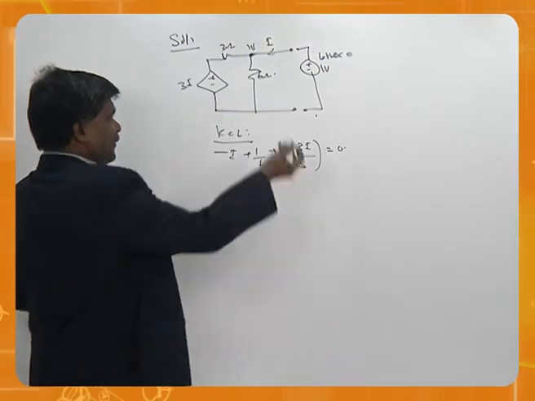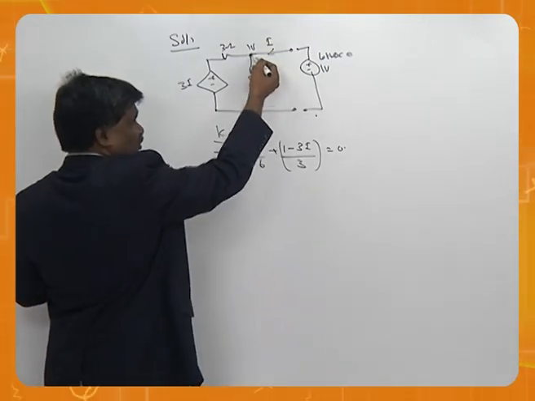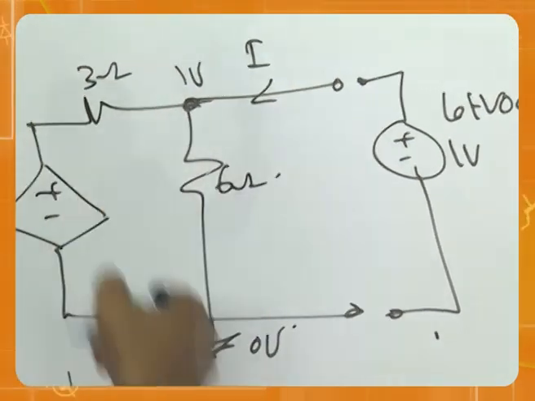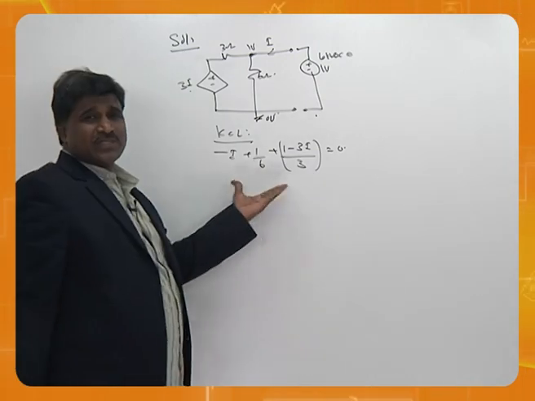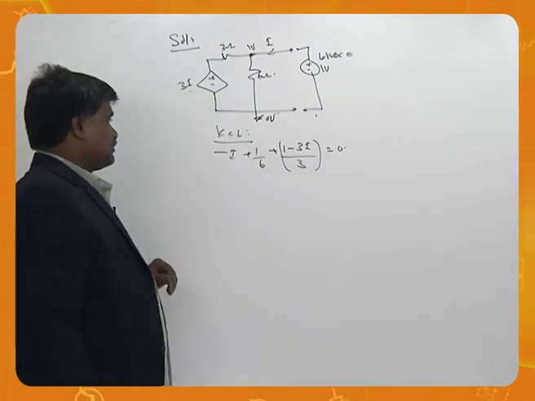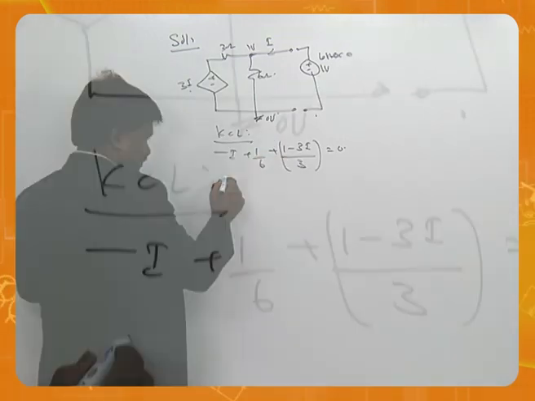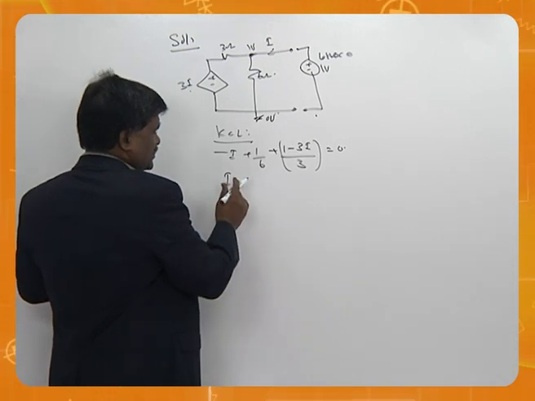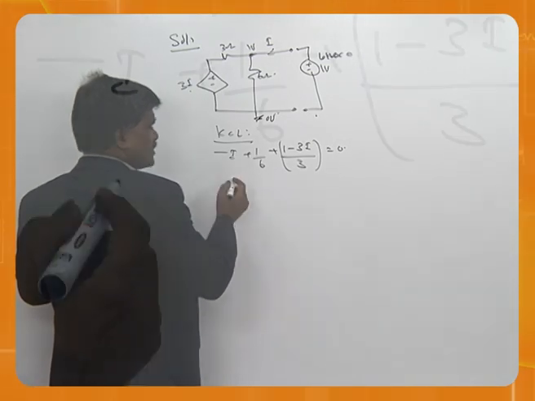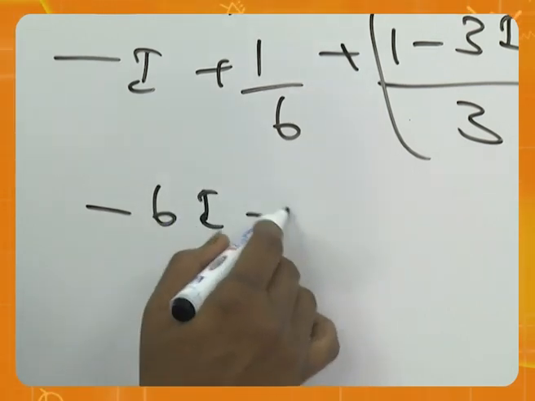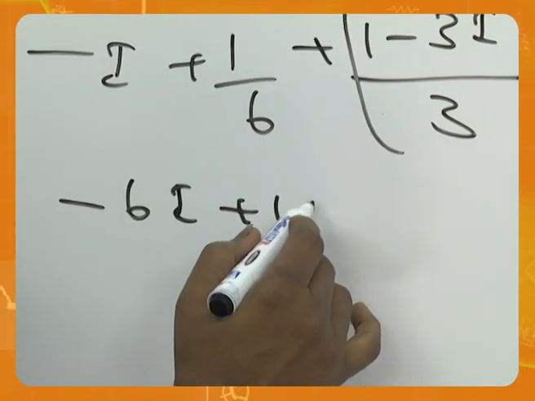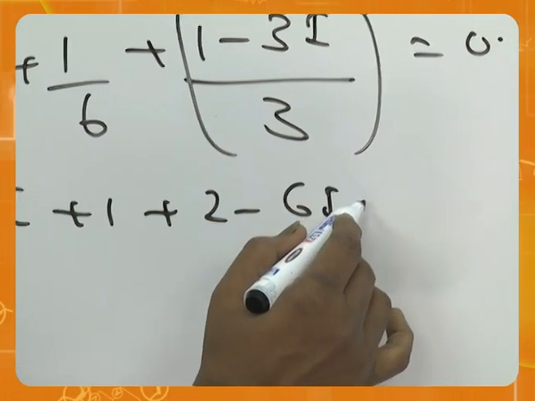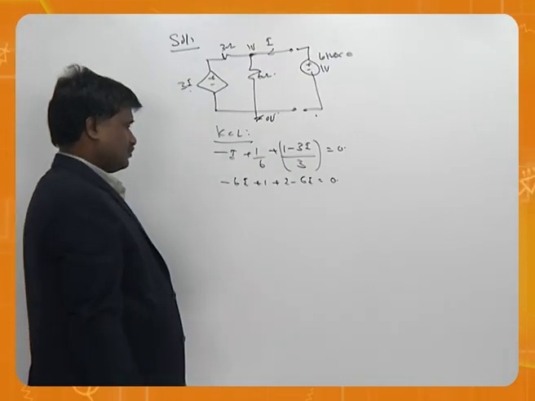Once again, minus I because it is entering, 1 by 6 because this is ground potential, and (1 minus 3I) by 3 is equal to 0. The only unknown is I, so solve for this I. We can take LCM here: minus 6I minus 1 plus 2 minus 6I is equal to 0.